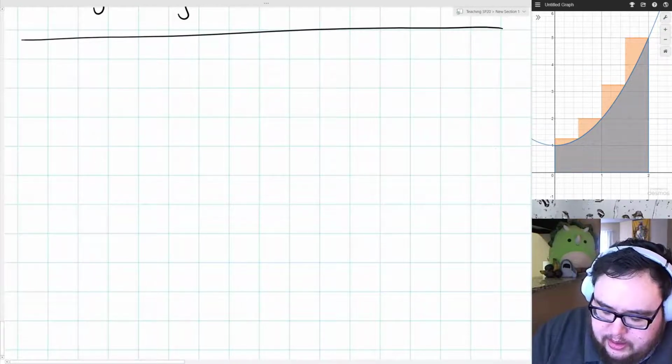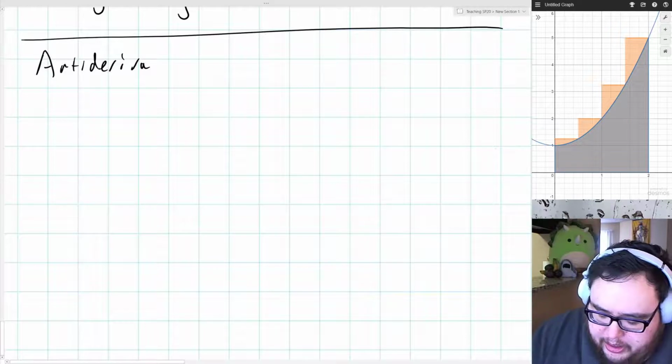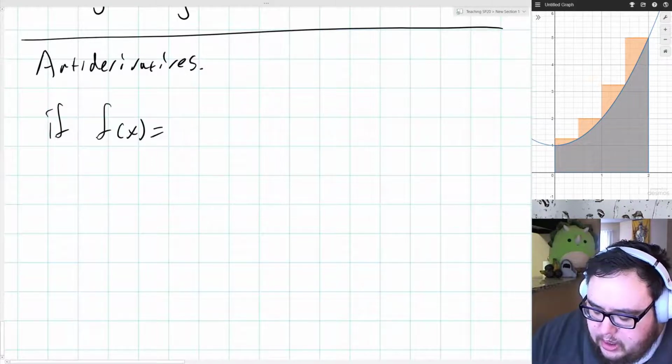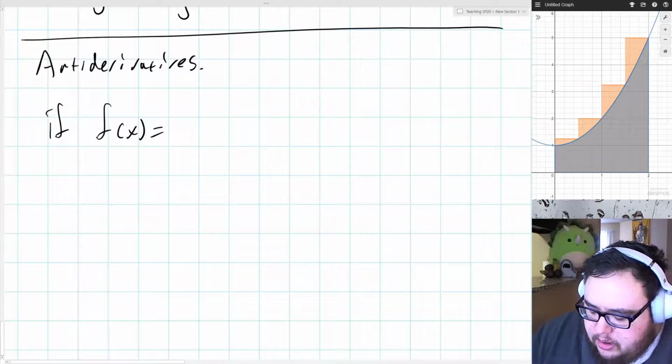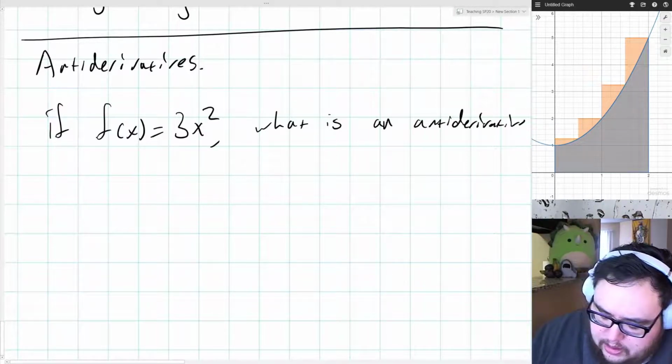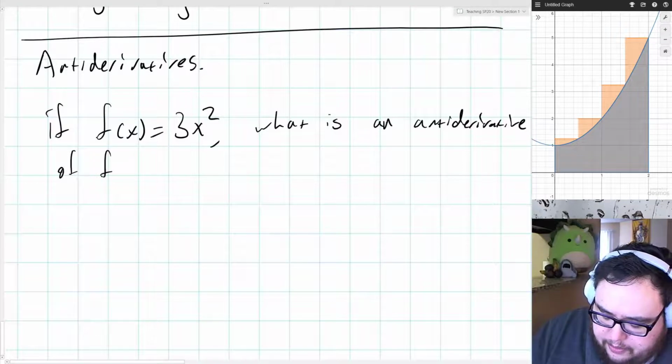Okay, so if f of x is equal to, let's say, 3x squared, what is an antiderivative of f?